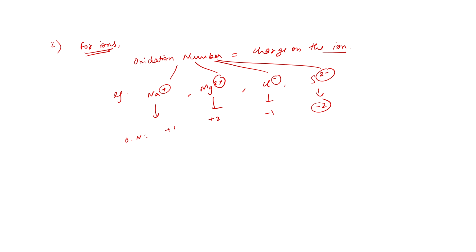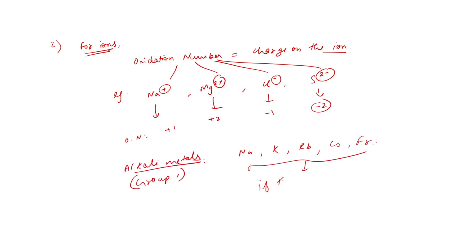Let us say alkali metals: Group 1 metals are called alkali metals, for example, sodium, potassium, rubidium, cesium, francium, let us not talk about it.